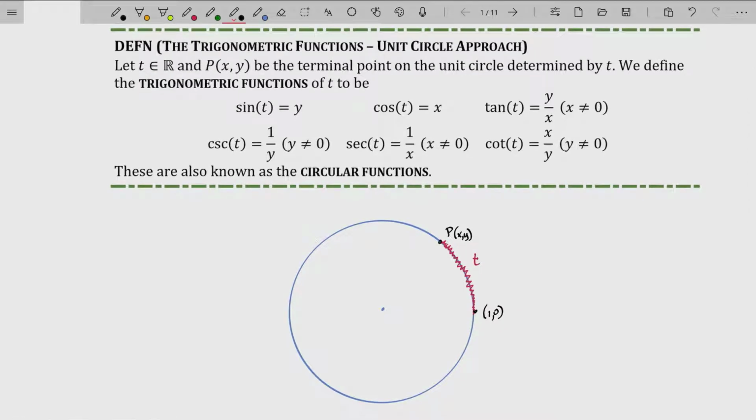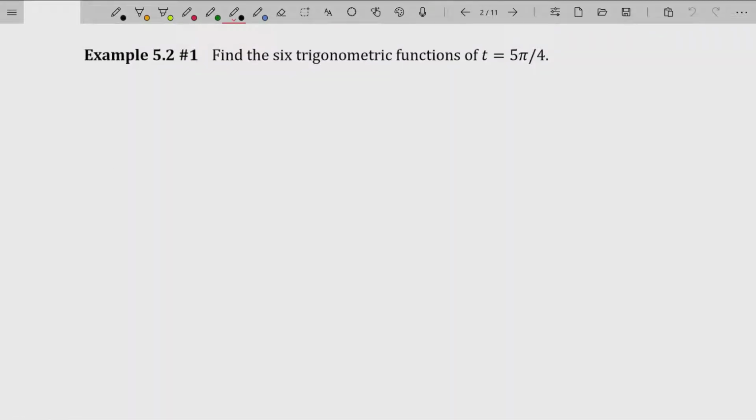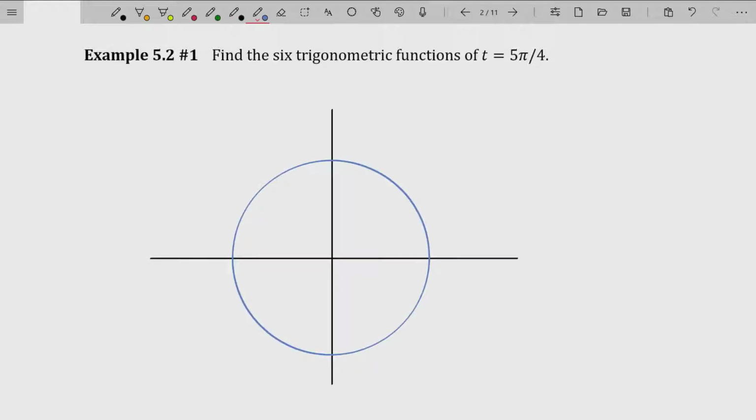So let's move forward and find the 6 trig functions of an arc length of 5 pi over 4. I'll go ahead and draw that out very quickly here. Since 5 pi over 4 is a positive number, we know that starting at the point (1, 0), the arc will be of length 5 pi over 4 in the counterclockwise direction.